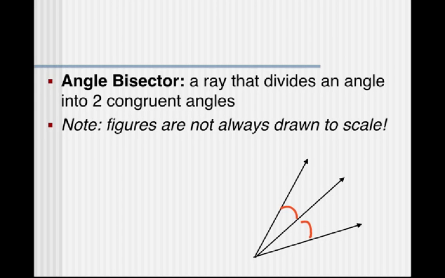A quick note about the textbook. Figures in the textbook are not always drawn to scale. So just because two angles look like they're the same size does not mean that they actually are. Also, if you have two angles that the diagram marks as congruent, trust the textbook even if they don't quite look right.